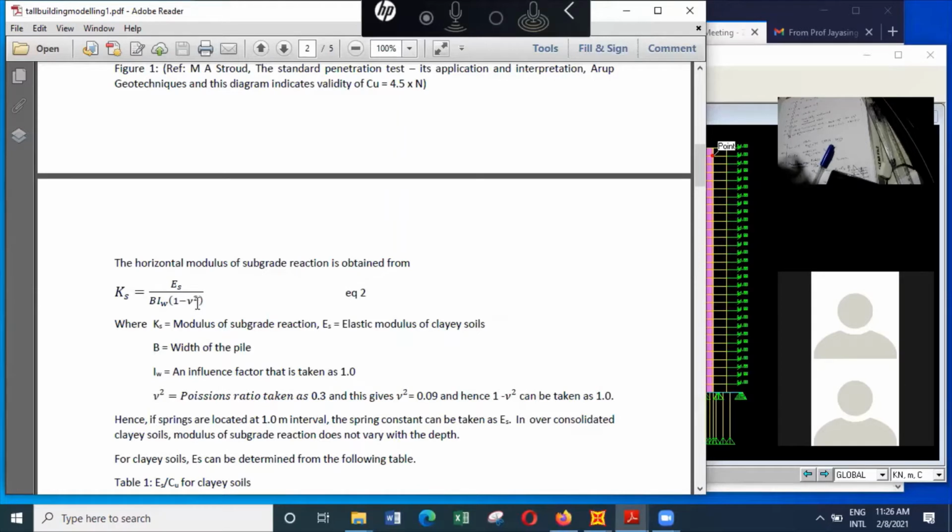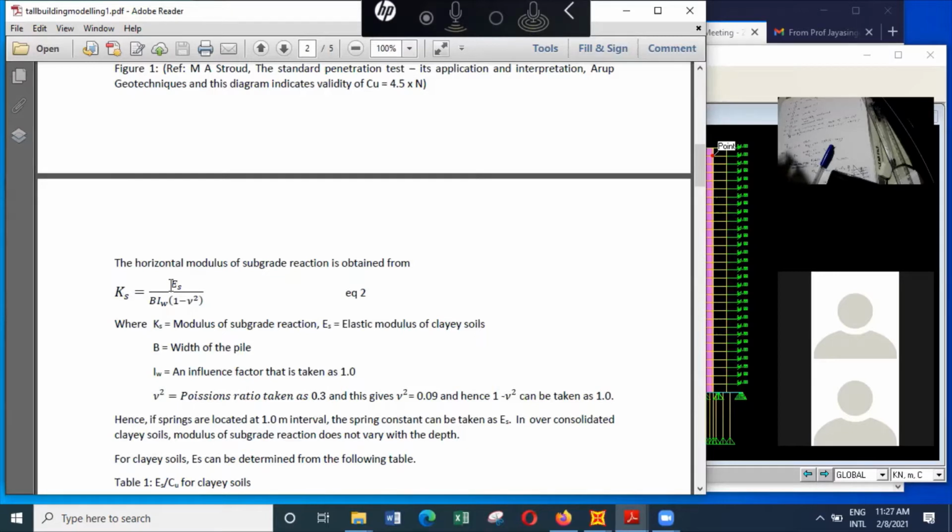So 1 minus nu squared is about 0.9. So generally we consider this particular parameter as 1. And then if you know the elastic modulus of soil, then we can find the subgrade reaction. Elastic modulus will be in kilonewtons per meter squared. So once you divide it by B, you get the answer in kilonewtons per meter cube.